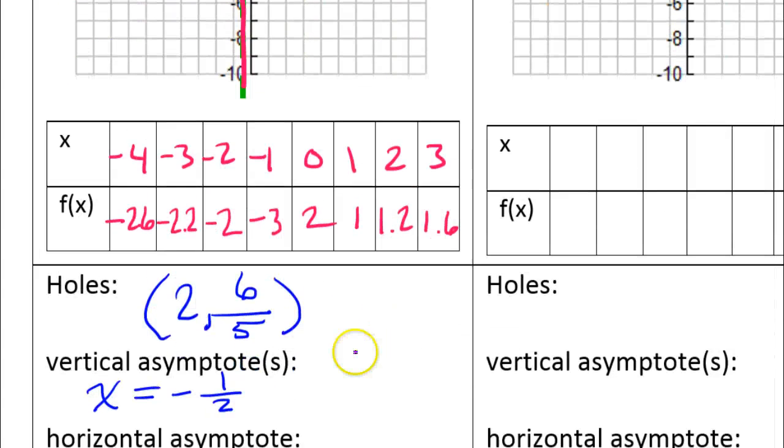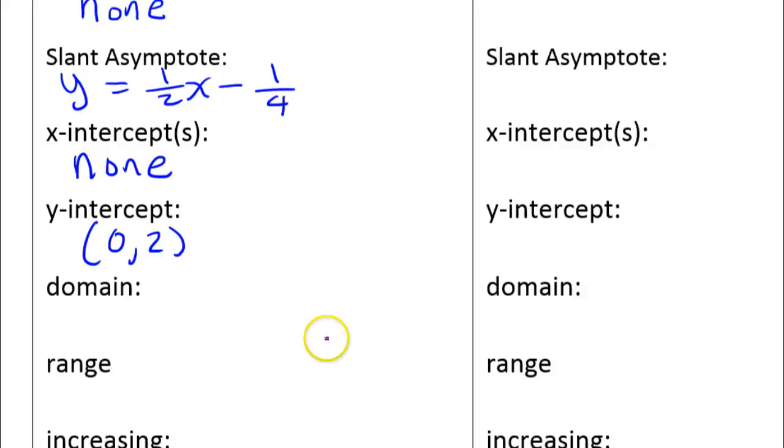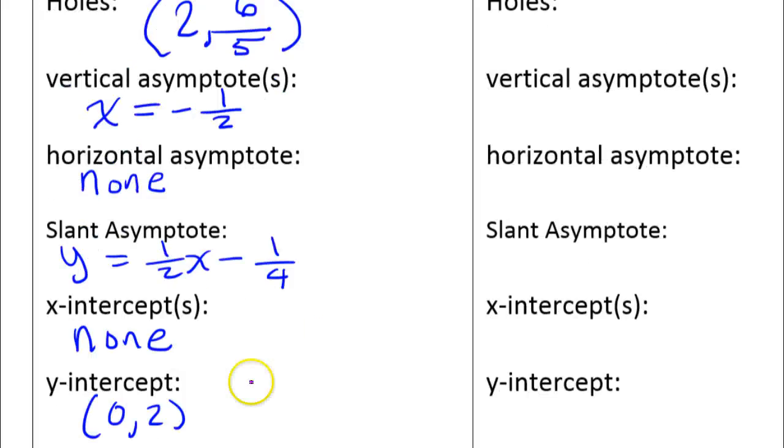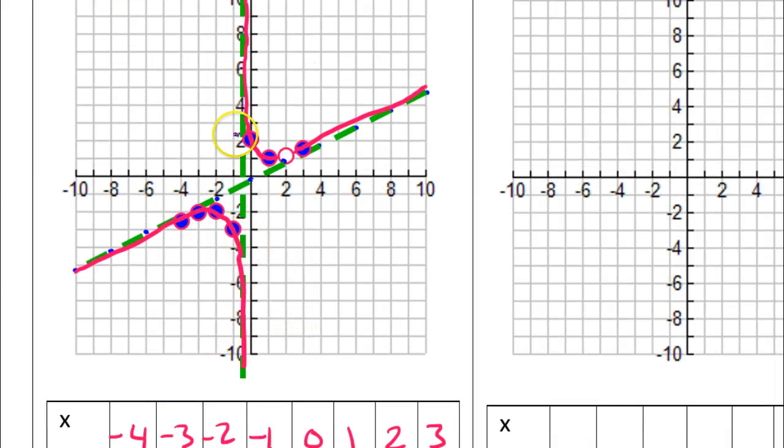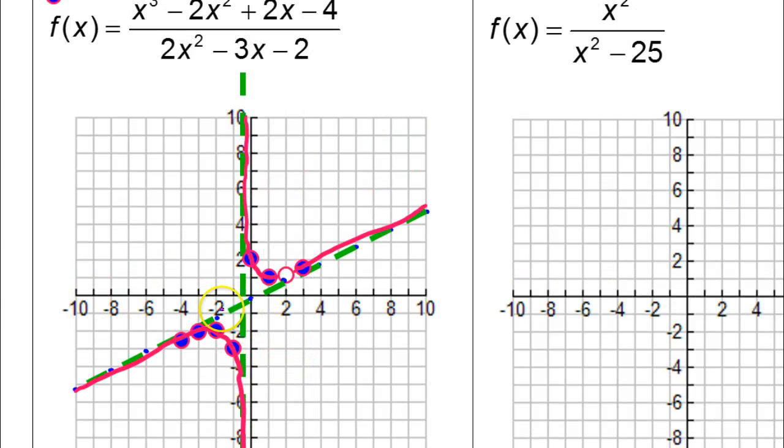Now we're ready to answer some questions, like the domain. This graph has a vertical asymptote, so the graph does not touch this vertical asymptote, which is at -1/2. The domain is the x values of a graph.